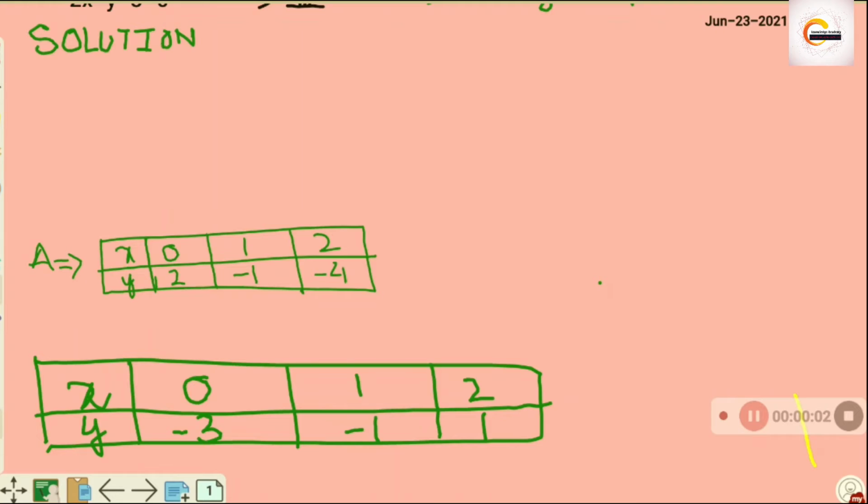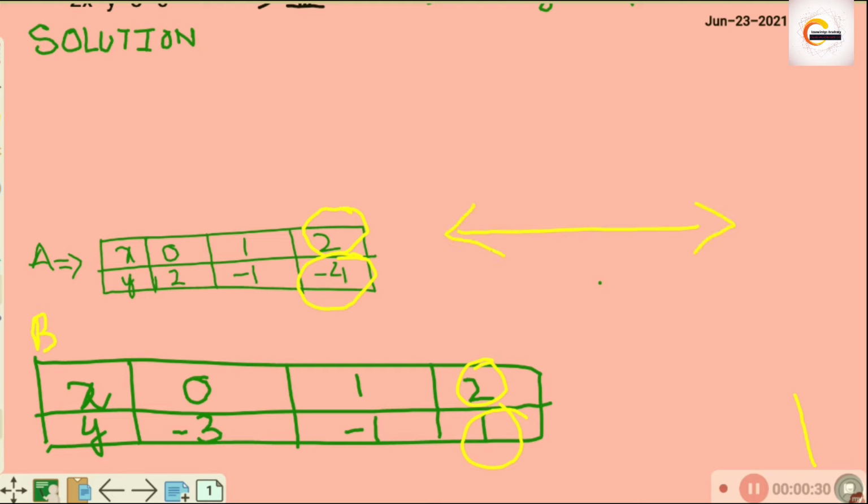For the graph we have to see the maximum limits. As we can see in the table of equation 1, the maximum limit for the x-axis is 2 and for the y-axis is minus 4, and in the coordinates of equation B, the maximum limit is 2 and 1. So our graph on the y-axis is going to be from 4 to minus 4, since the maximum limit is 4 and minus 4, and on the x-axis the maximum number is 2, so it's going to be from positive 2 to minus 2.